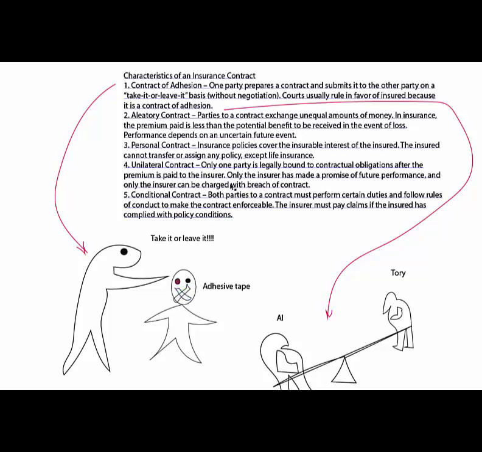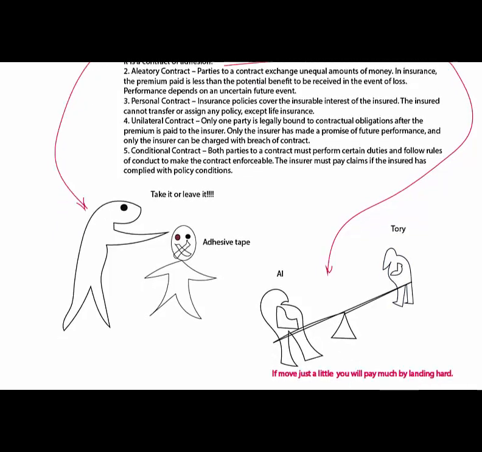And then we have aleatory contract. Parties to the contract exchange unequal amounts. So in effect, we have these two guys on teeter-totters. One guy's name is Al and one's Tory. Al is the insured and Tory is the insurer. This guy says, if I move a little bit, you'll pay much by landing hard, right?